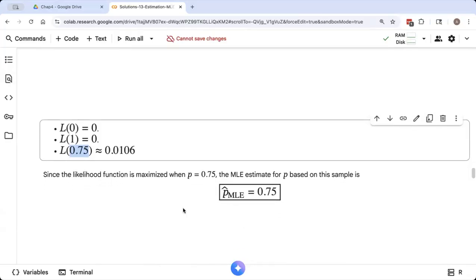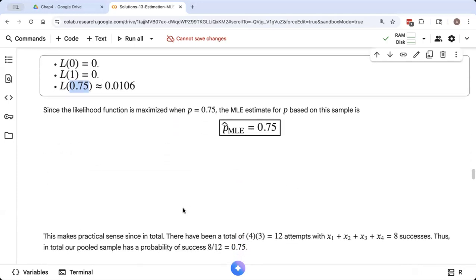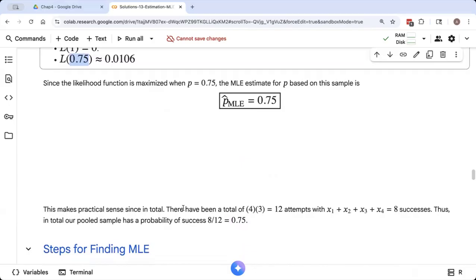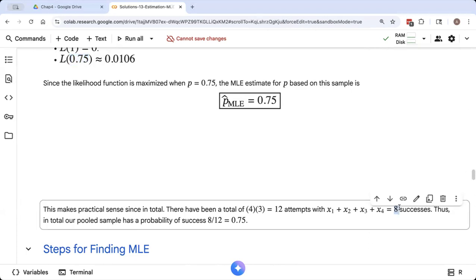And it's always nice to make sure that these estimates make intuitive sense. That's a good property for an estimator to have. And this makes sense in this case since you can think about pooling the 4 samples of 3 balls that we picked. It's no different than considering that as one sample of 12 balls that were picked, since each time we picked with replacement. So if we grouped all of our observed green values together, which was 1 plus 3 plus 3 plus 2, that's where this 8 came from.